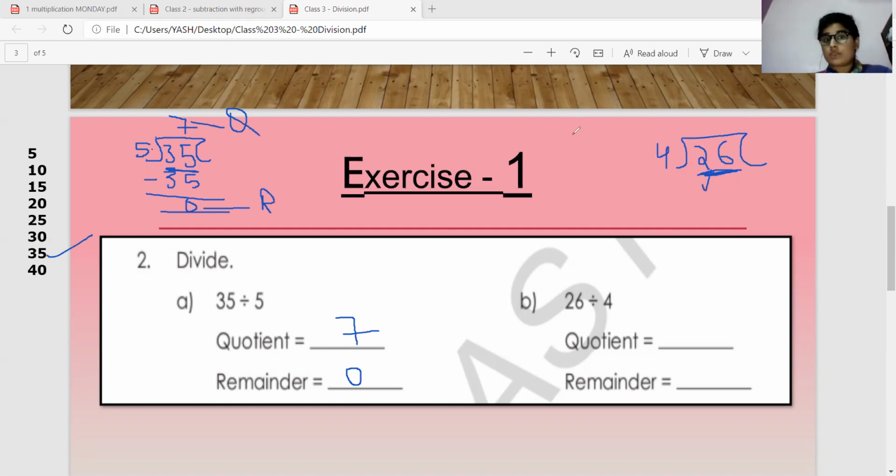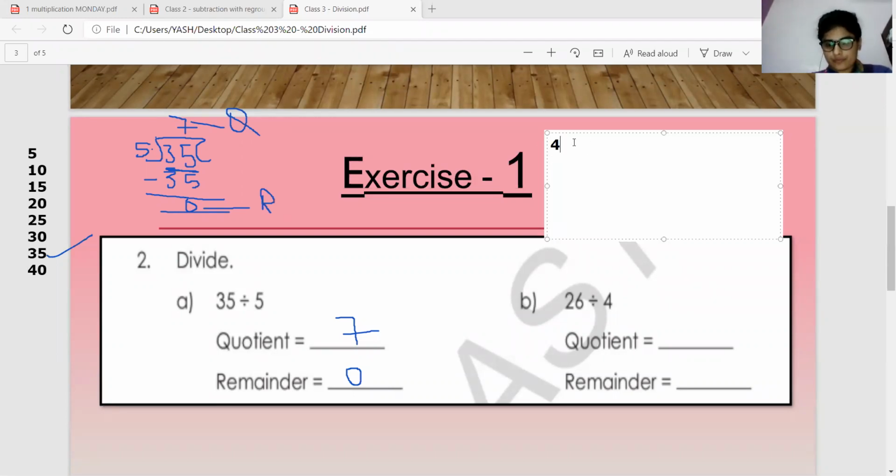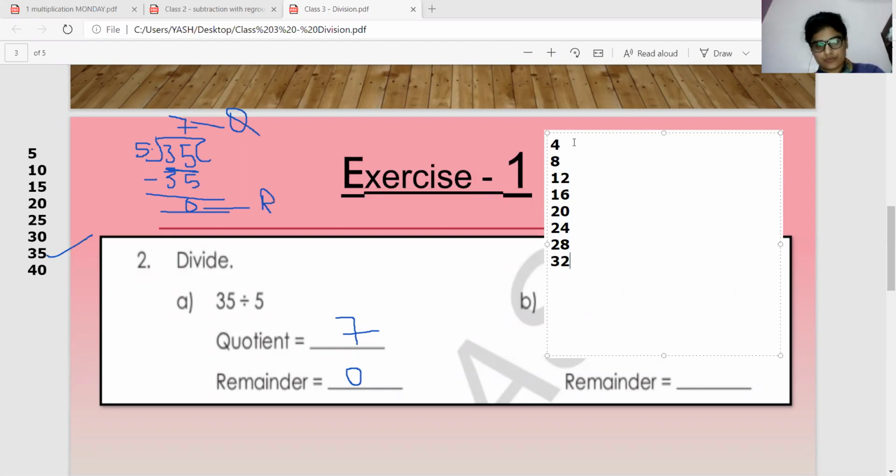Now recall the table of 4. 4 ones are 4, 4 twos are 8, 4 threes are 12, 4 fours are 16, 4 fives are 20, 4 sixes are 24, 4 sevens are 28, 4 eights are 32, 4 nines are 36, 4 tens are 40. So this is the table of 4.